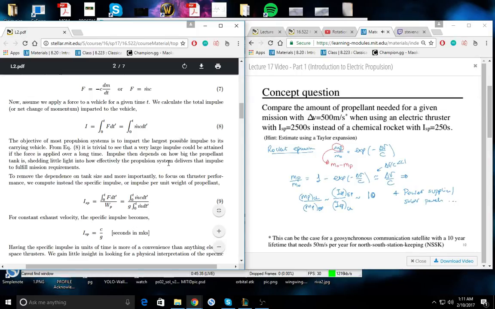So the savings in total mass are not as big as a factor of 10, but maybe a factor of 6 would be more realistic. Okay, so this was a little bit of an introduction comparing chemical rockets.